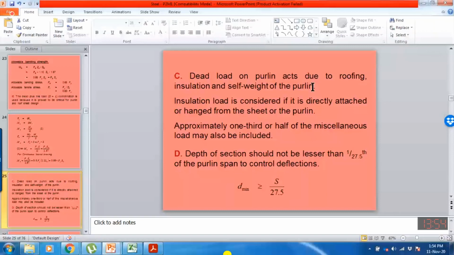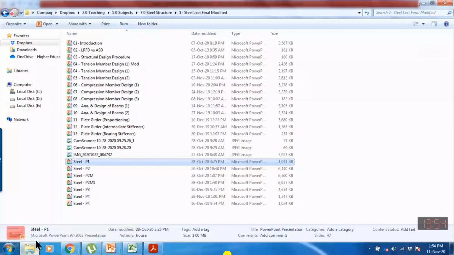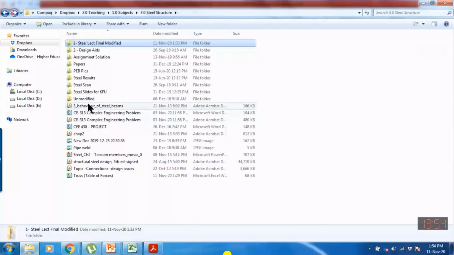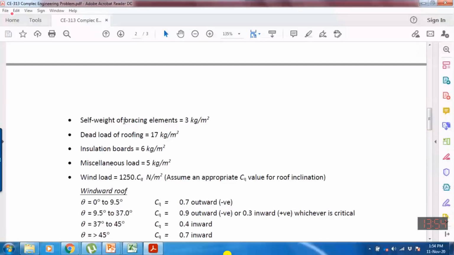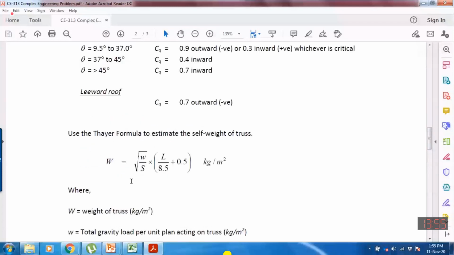So for the dead load, I have already provided it to you. For example, in your case, you will use this dead load: dead load of roofing, self weight of the bracing element, insulation panel, and miscellaneous load. These are the loads which are acting on the purlin. So you will not add the self weight of the truss, because self weight of the truss is not acting on the purlin, but the purlin load is acting on the truss.